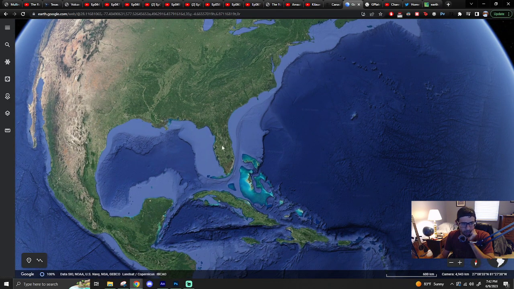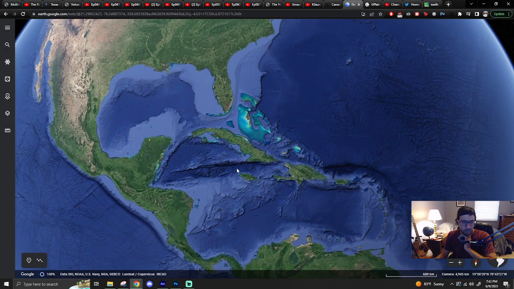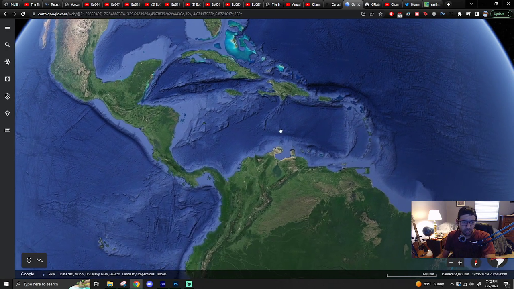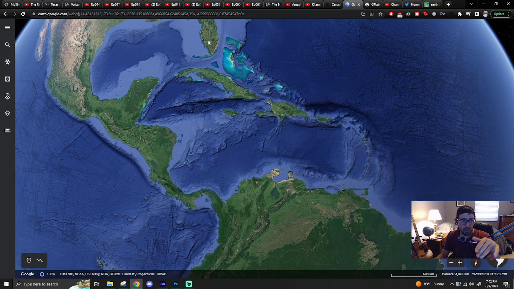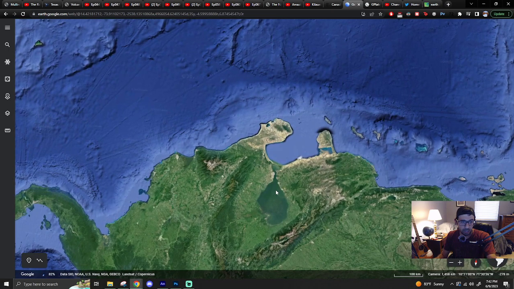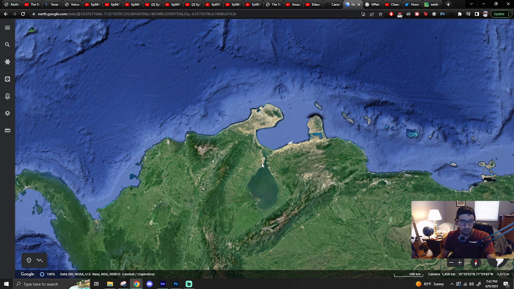But there's this thing here, and I'm fairly certain that Lake Maracaibo was adjacent to Florida in a way where its lightning-capital-of-the-world characteristic is related to this process.